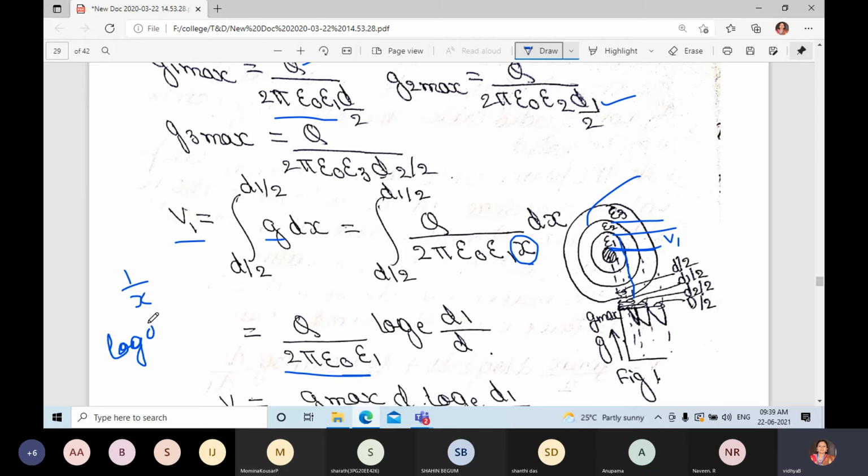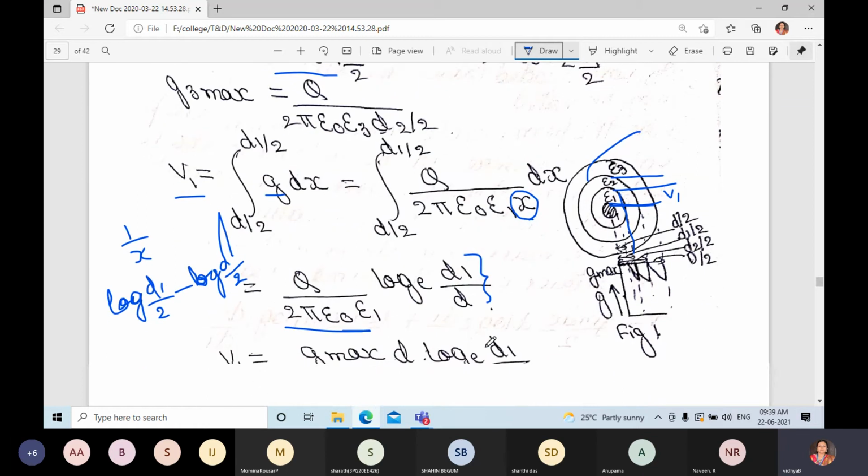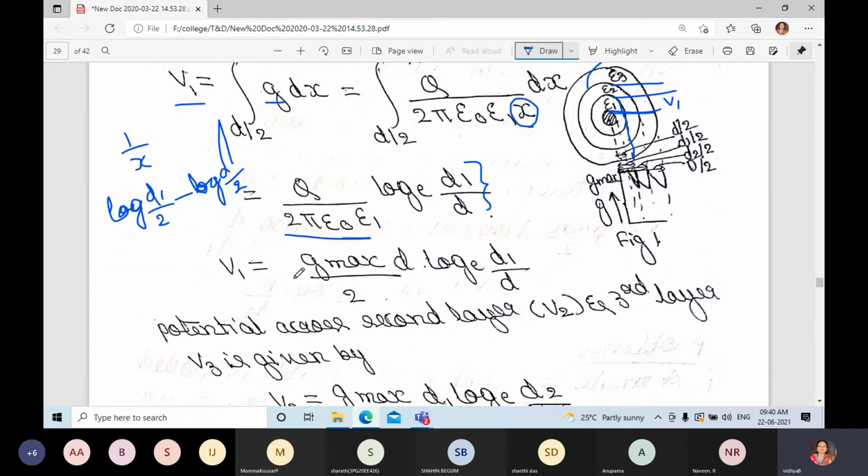Log d1 by 2 minus log d by 2. So log a minus log b is log a by b, that is what they have written here. Okay, similarly v1 is equal to g max.